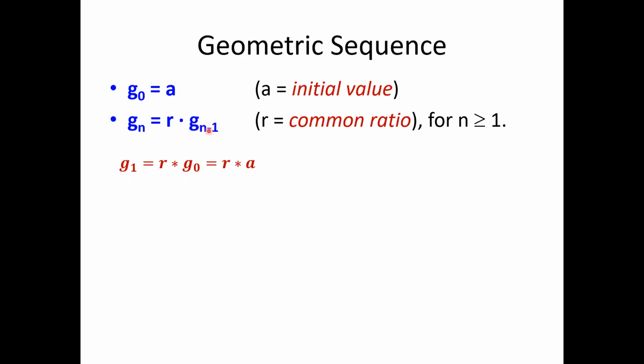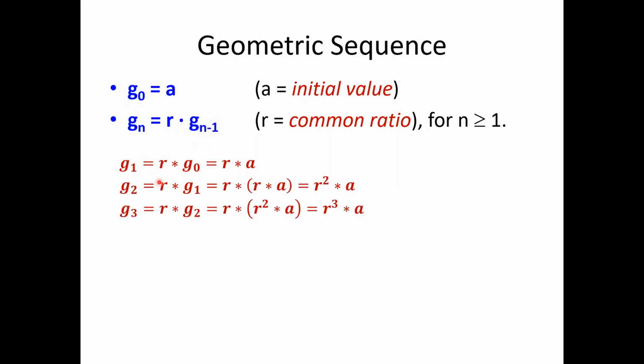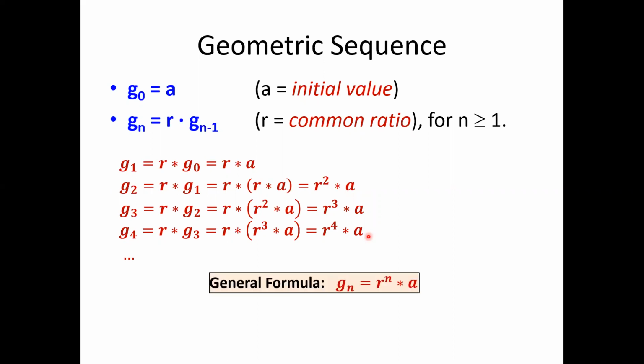It's called a geometric relation because when you evaluate this, the next term is always r times the previous one. So this term is r times a. The next is r times that, which is r squared times a. The next is r times that, which is r cubed times a, etc. This is called a geometric sequence, and it's an easy guess: what's the closed formula?